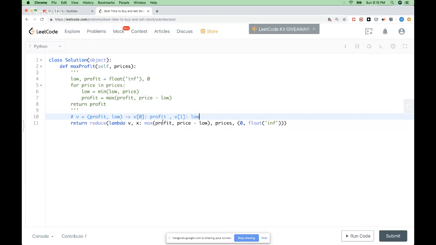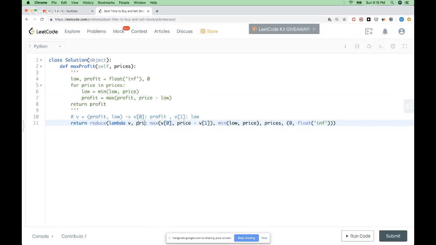And so we could just replace that. So this is V0, this is V1. So that's the max. Now what is the min? We want to keep aggregating, and keep finding the min and keep finding the profit. So this is the profit, we already found it, and the initial value is this. Now we need to find the min, and the min is just min of low and price, right?